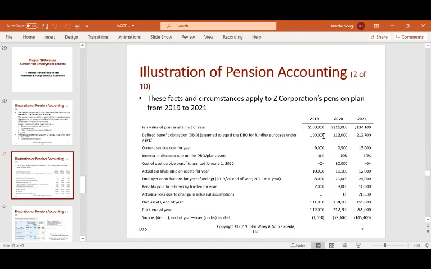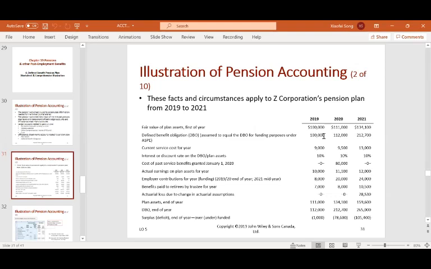So what's on the balance sheet? Did you say nothing? Both plan assets and the defined benefit obligation are 100,000. They are the same. So what's the difference? Zero. So nothing on the balance sheet, right?